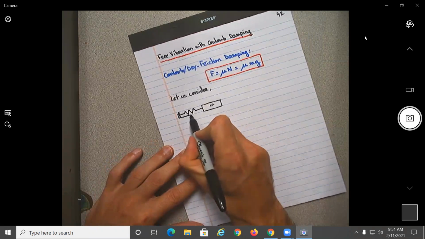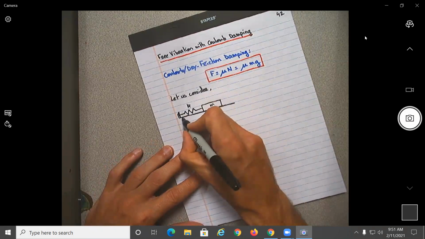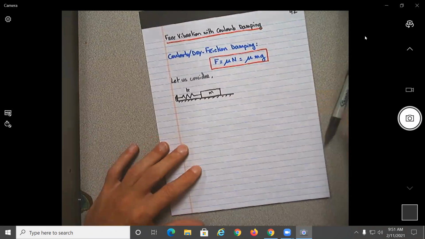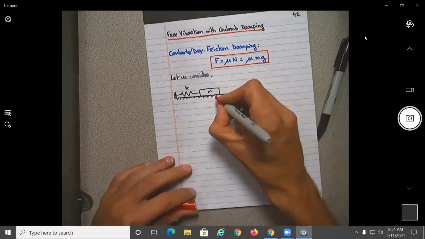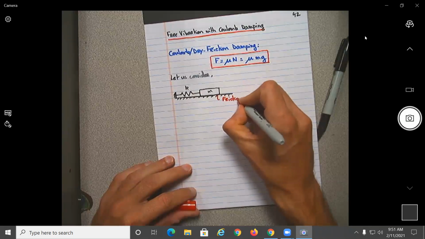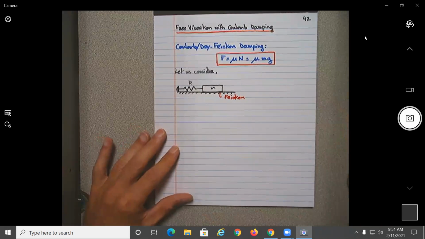So we have the block sliding on that surface. So this is K. And obviously in this case, we're going to have the friction between the block and the ground.